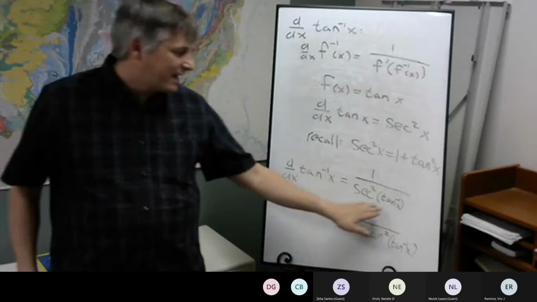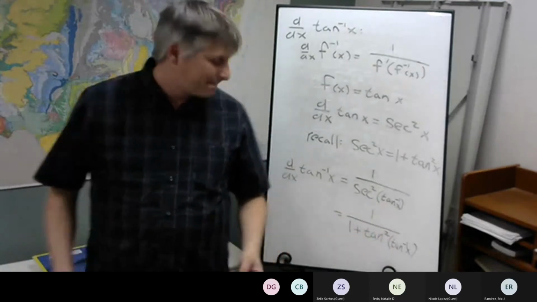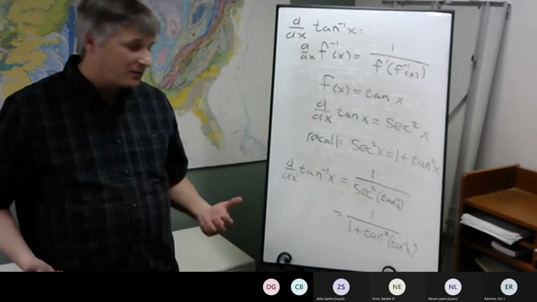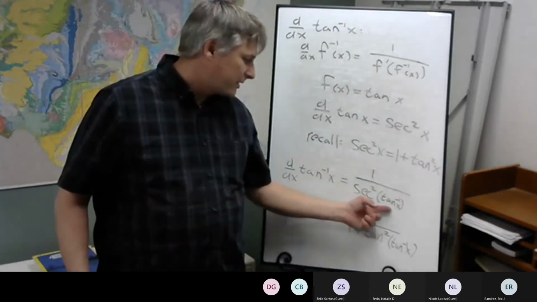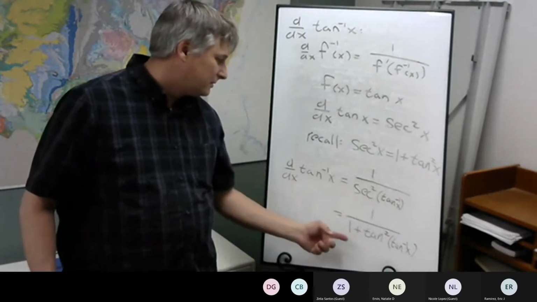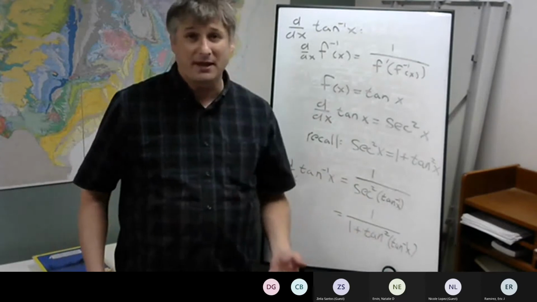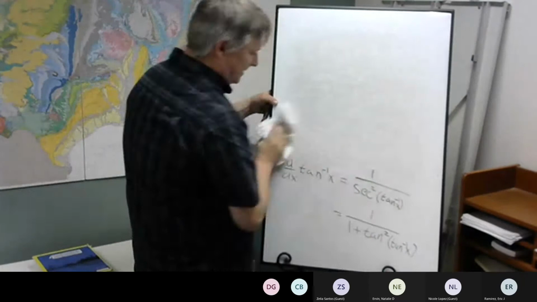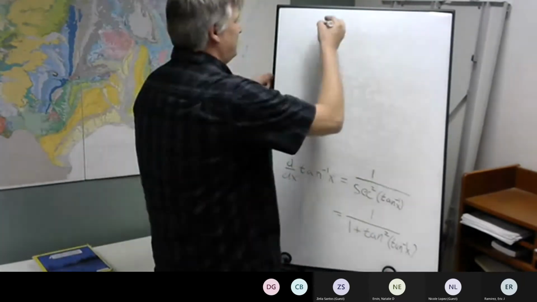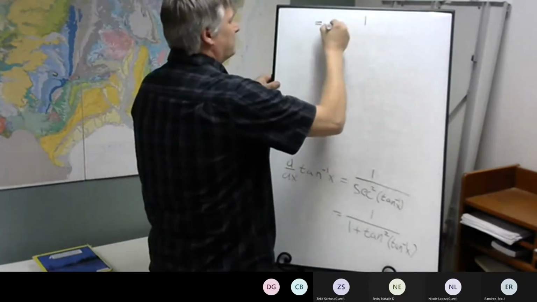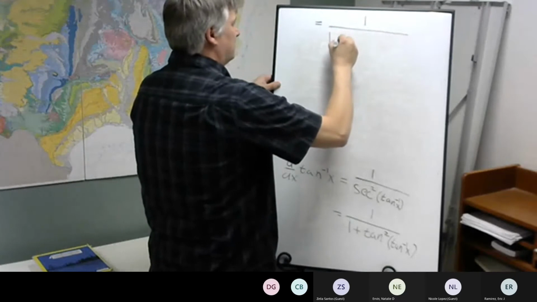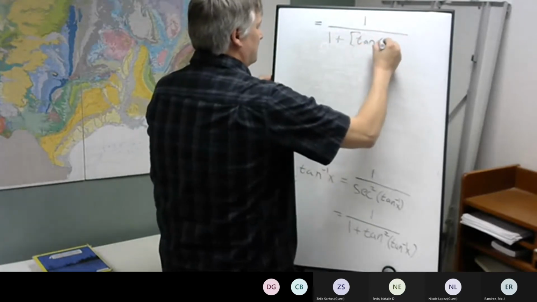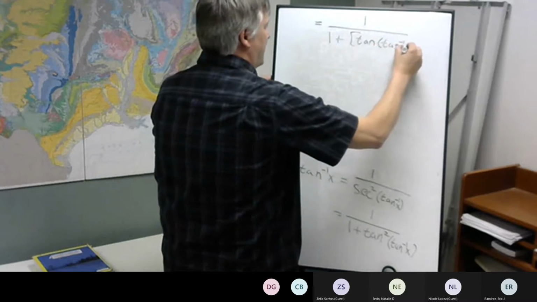So again, we can treat tangent inverse of x like it's an angle theta. And so in that case, this is like secant squared theta, which is going to be equal to 1 plus tangent squared of theta. And to make things a little more understandable, we can rewrite this as 1 over 1 plus the tangent of tangent inverse of x, quantity squared.